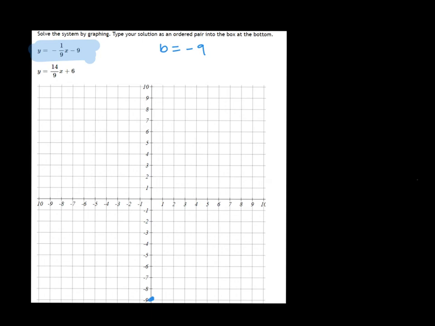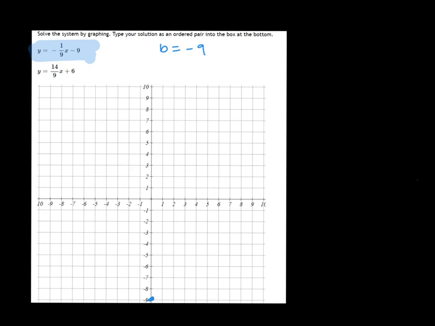So we're going to use the idea that we had before, plugging a value in. I'm just going to pick some number. I'm going to pick whatever this denominator is, because it's just going to make those denominators cancel out. So I'm going to choose -9. Let's see what happens.